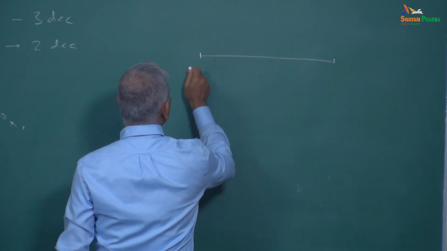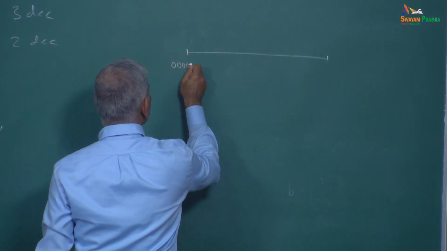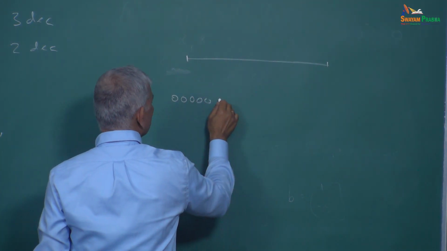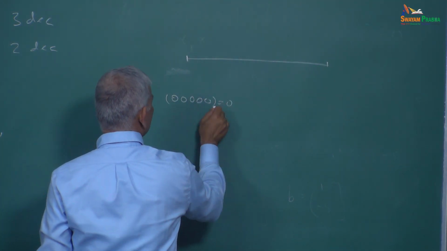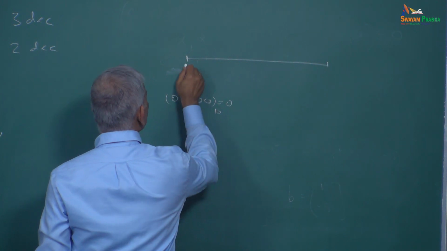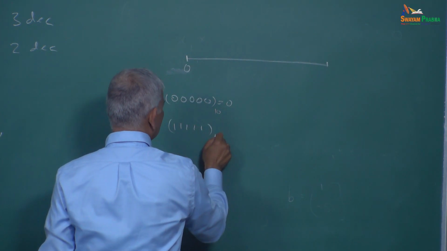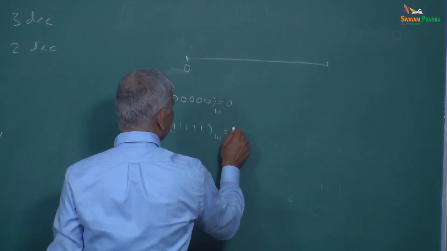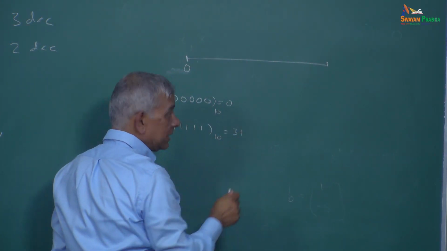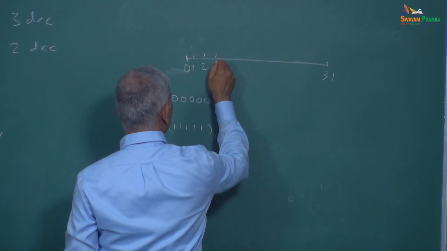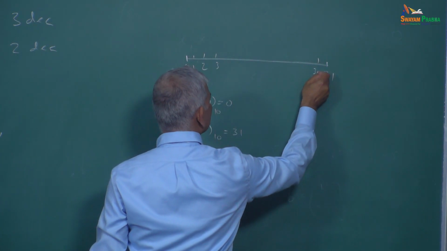With 5 bits, this will be 00000 and its decoded value to the base 10 is 0. The last one will be 31. Then you have 1, 2, 3, all of them, and 30 here.